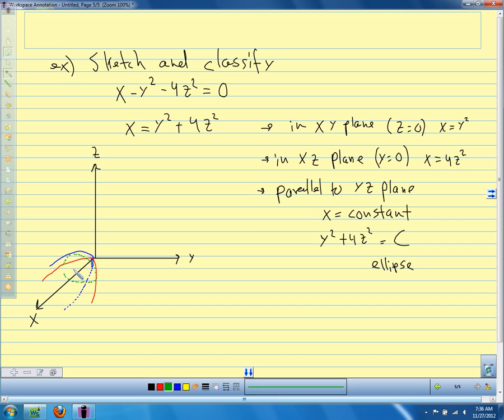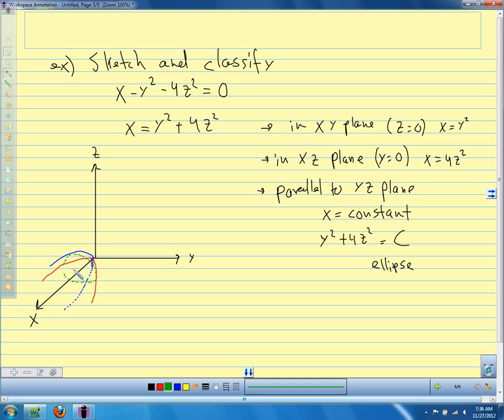The best example I can think of is the lens of a flashlight. If you look at the end of a flashlight where the bulb is, it's parabolic, but the face of the flashlight is circular. This one would be kind of squished, so it'd be like a squished flashlight. Yeah, kind of going out like this.